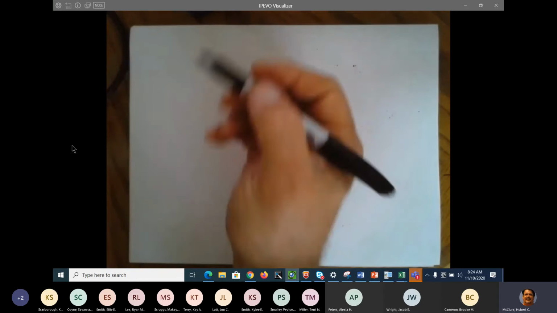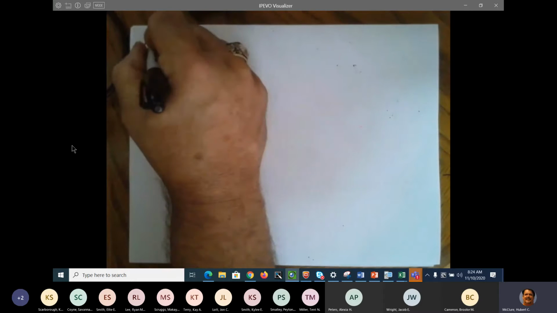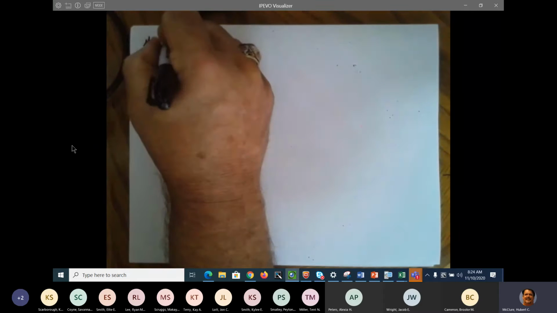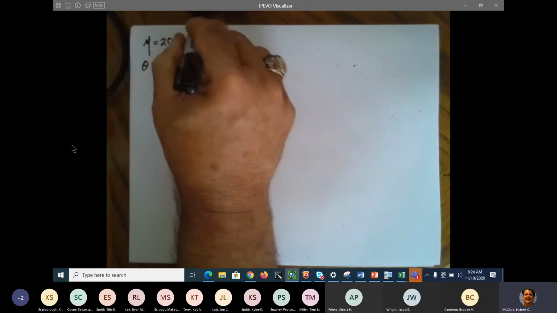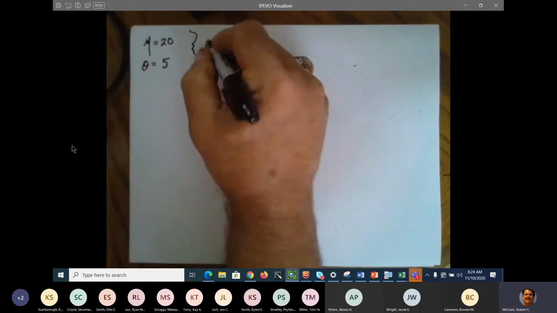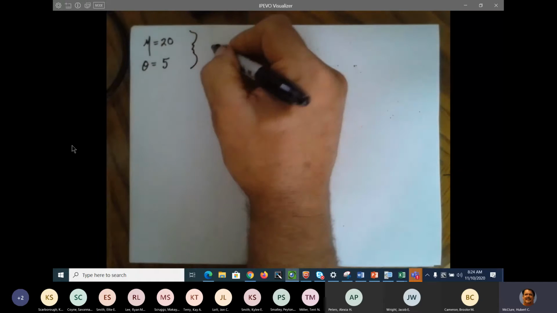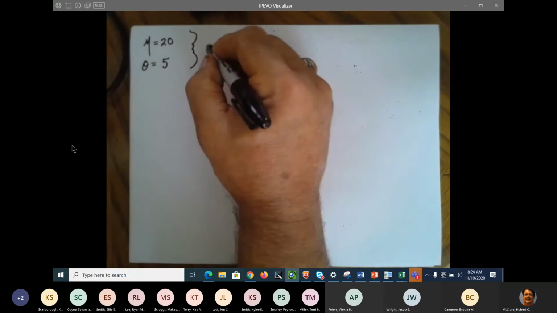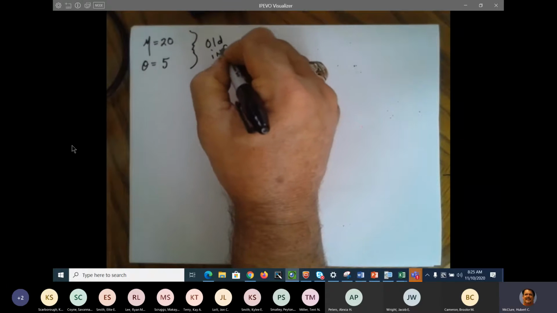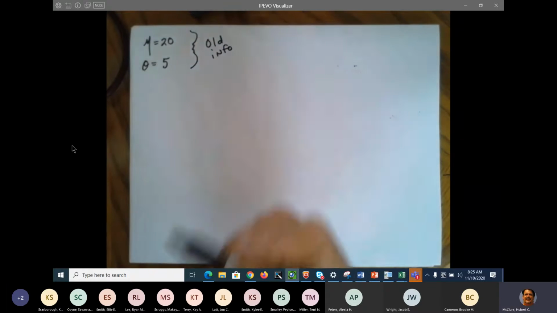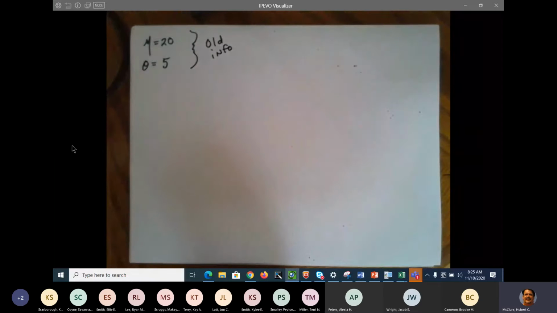And I'm going to write mu is equal to 20. Standard deviation is equal to 5. And consider that old information. Because you're going to go out and research 5 more people.